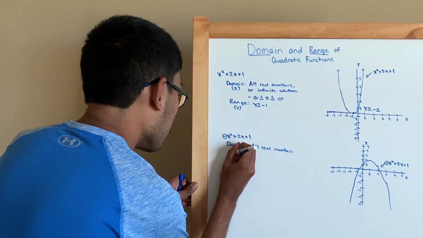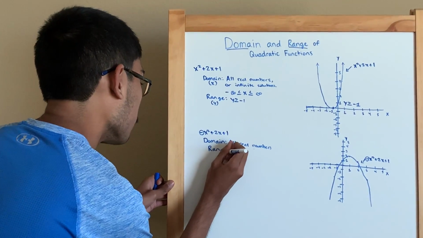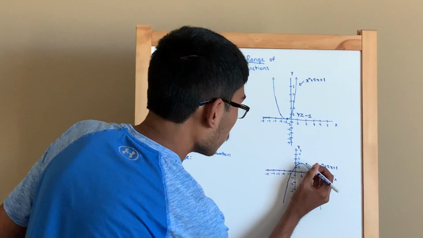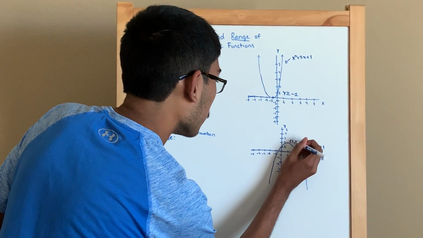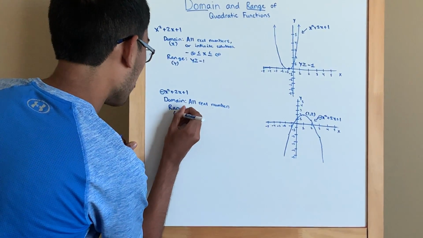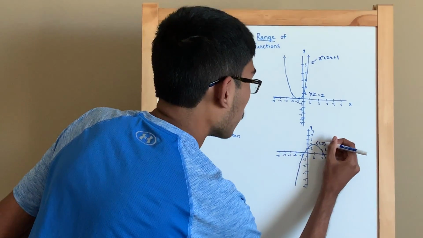So next is the range. Now as you see here, this is at 1 and 2. The y value, since range is y and domain is x, is 2.